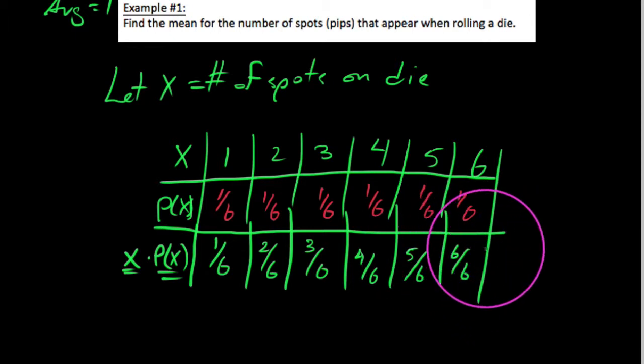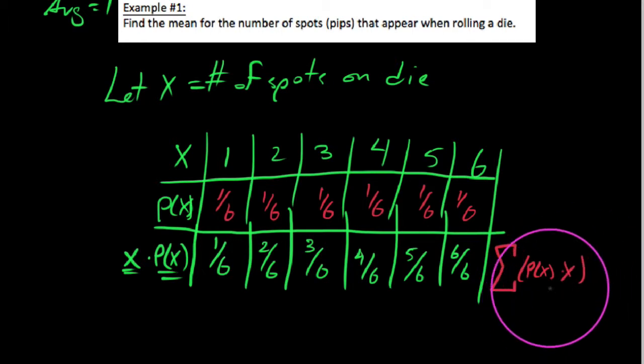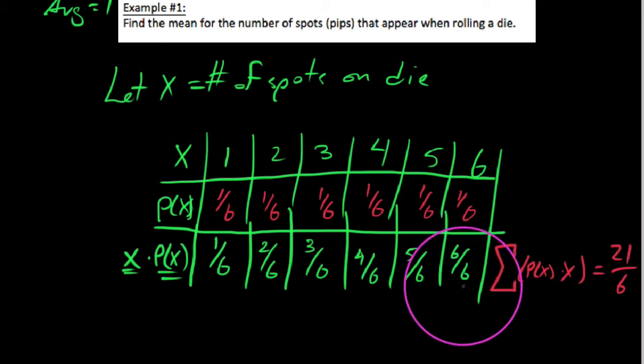If we want to find the average now, what we need to do is sum these. We sum all of those probabilities times their respective events. The nice thing is it's all over 6, so we say 1 plus 2 is 3, 3 plus 3 is 6, 6 plus 4 is 10, 10 plus 5 is 15, and 15 plus 6 is 21. What is the average number of pips that show up on a die?